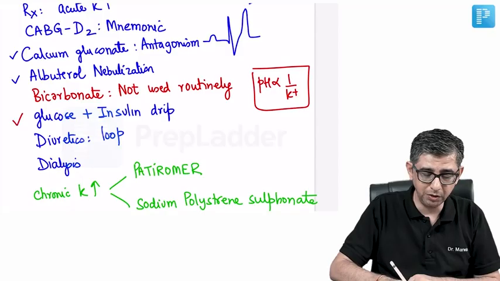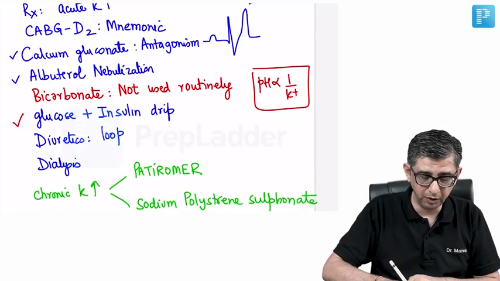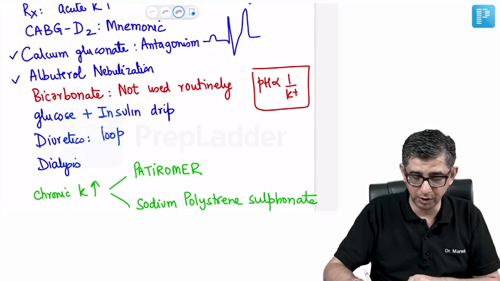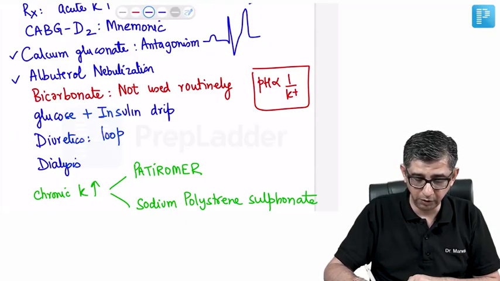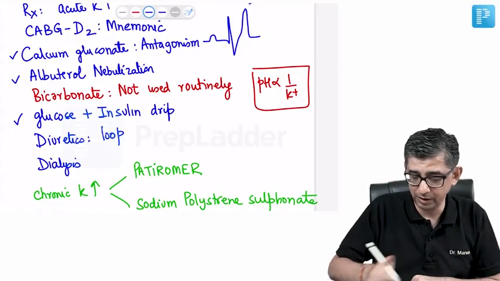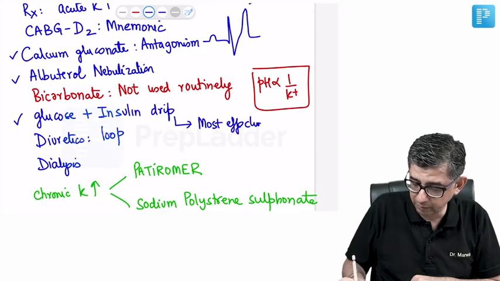Then I'll be using, in the CABG mnemonic, glucose with insulin. I mean, whenever we give an insulin drip to the patient, it is simultaneously given with glucose as well. The objective of giving insulin to the patient would be to send potassium inside the cells, and this insulin drip is one of the most effective drugs. I did not use the words most effective method.